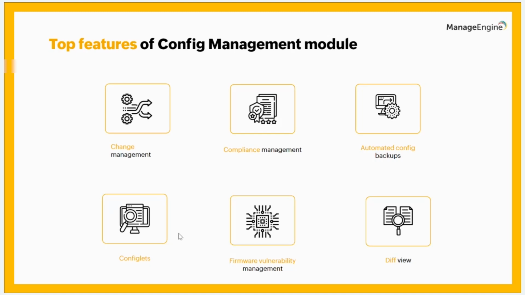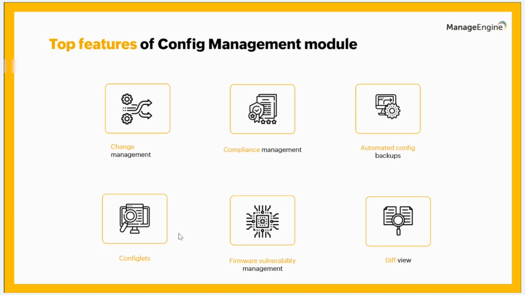With the firmware vulnerability management feature, you'll be able to identify potential firmware security vulnerabilities by correlating firmware vulnerability data with network devices. And finally, the diffview feature will help you get to the root cause of network configuration issues by comparing different device configurations, and help you visualize configuration changes and initiate appropriate remediation measures.